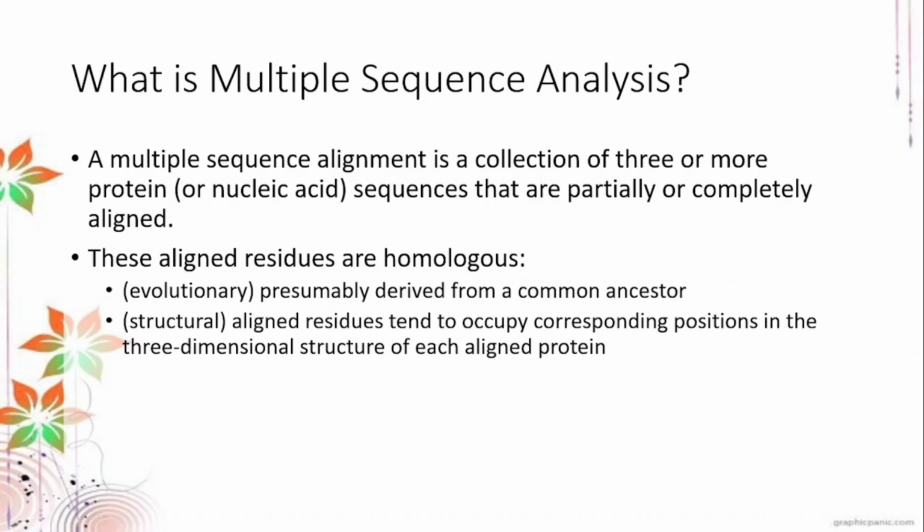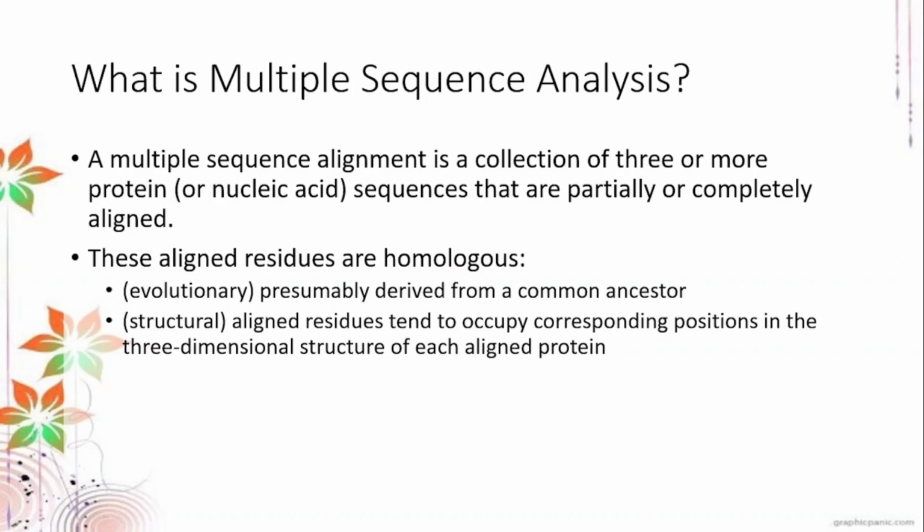So why do we need to align 3 or more sequences? Most of the reasoning is that the sequences are related in an evolutionary sense. That means they are presumed to be derived from a common ancestor as per the theory of evolution.